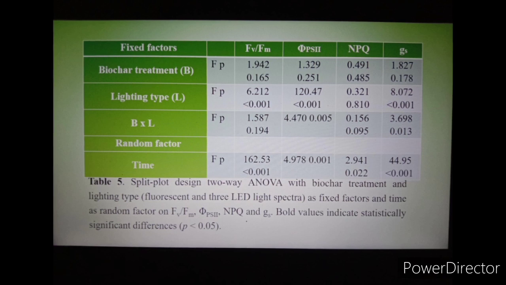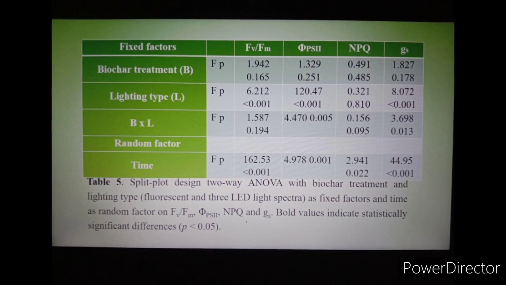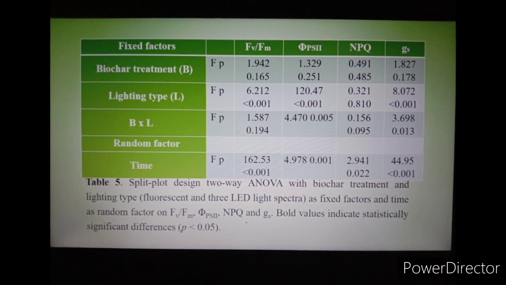Indeed, the study of Huang et al. demonstrated that N deficiency could cause a loss of photosynthetic pigments. In the present study, biochar application led to an increase in nitrogen availability. The application of biochar can increase the nitrogen availability and organic carbon in the substrate, which could affect photosynthetic performance.